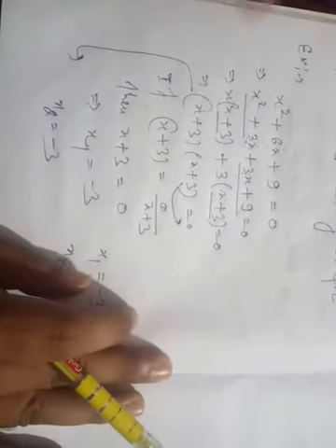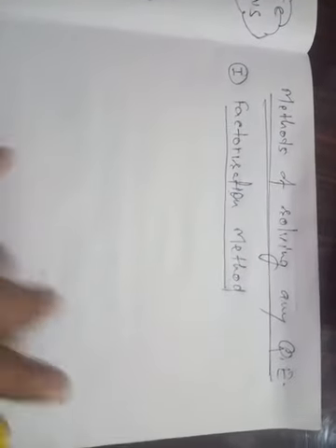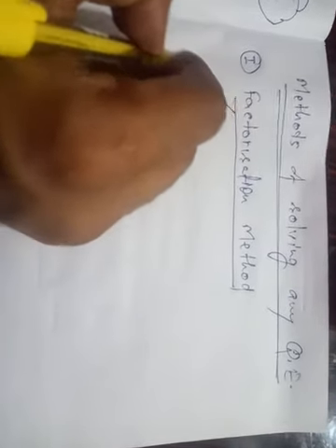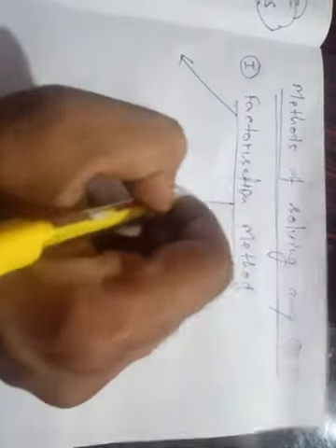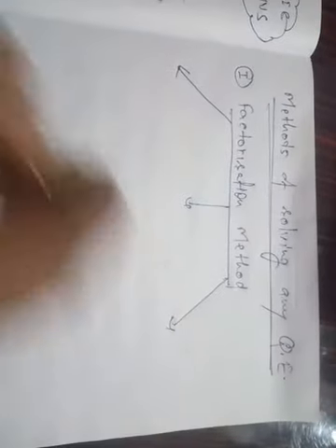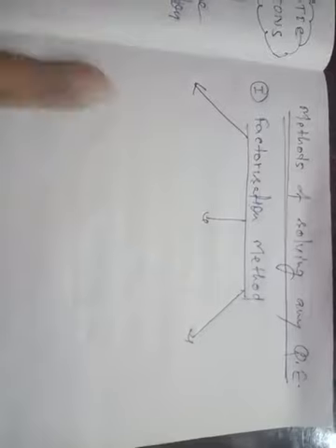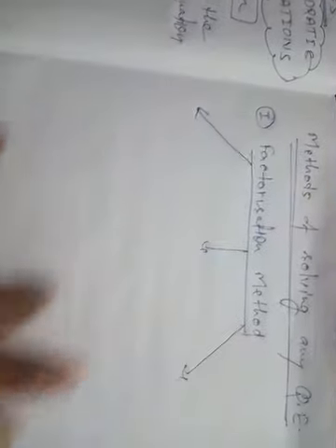But there are two other methods even in the method of factorization of solving any quadratic equation. So what are those three methods? I would immediately tell you. And if you focus enough in the class, you would have no problem understanding the methods.